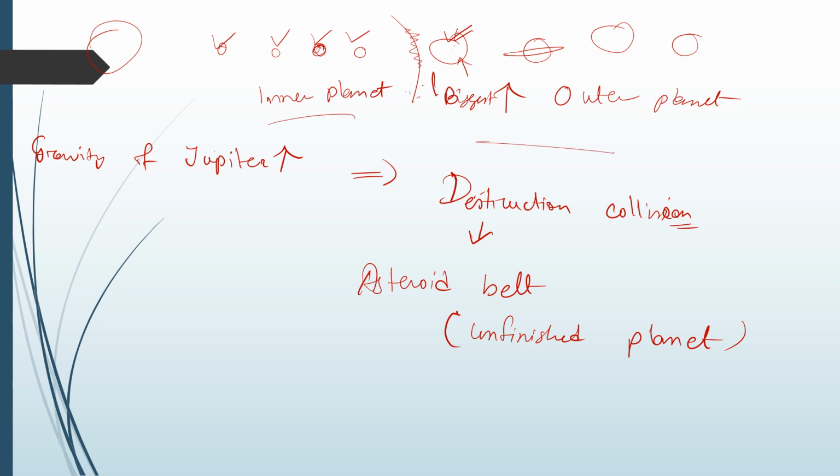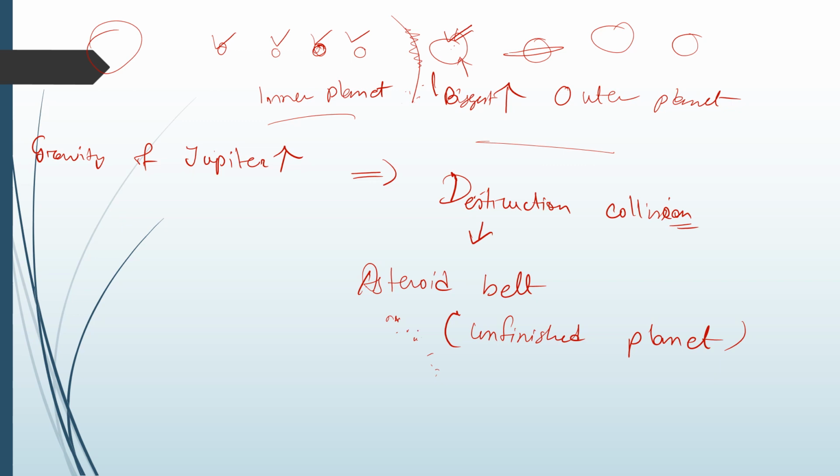So some meteors are coming from this asteroid belt only, which we sometimes see in the news, that a meteorite can hit our earth. These meteorites come only from the asteroid belt. Clear? So we have understood how our asteroid belt has been formed.